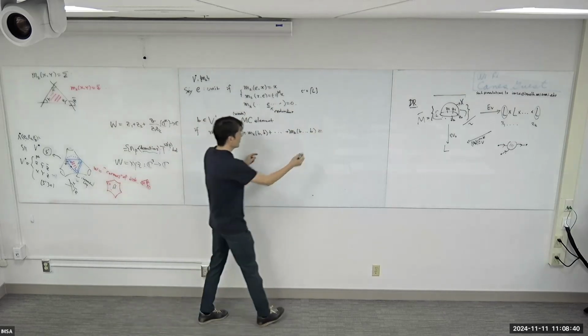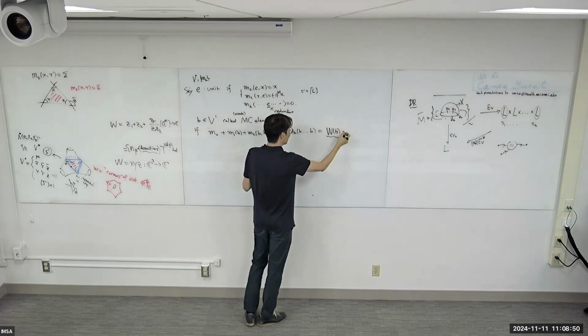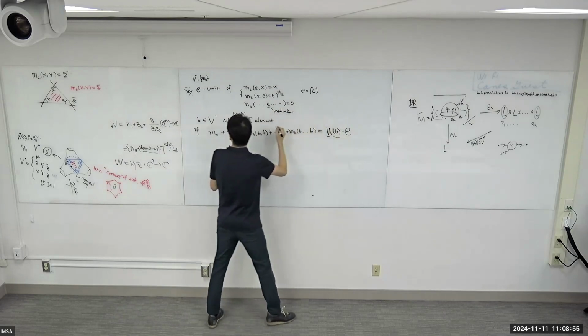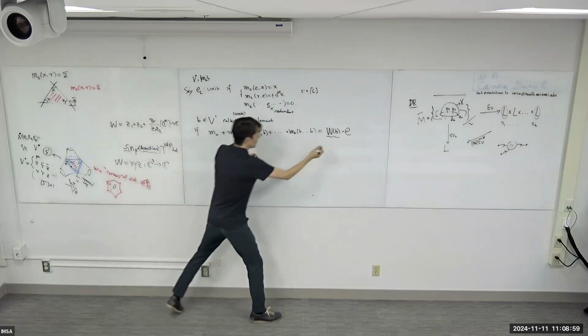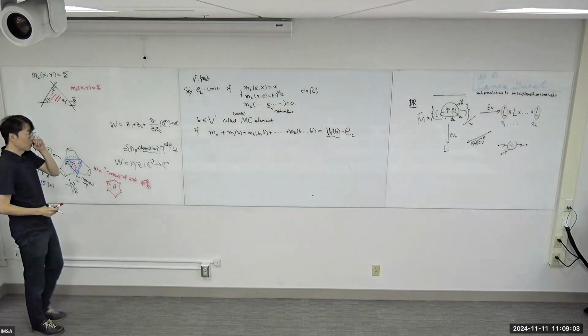That means Maurer-Cartan is this being 0. Weak Maurer-Cartan is this being some multiple of the unit of L.